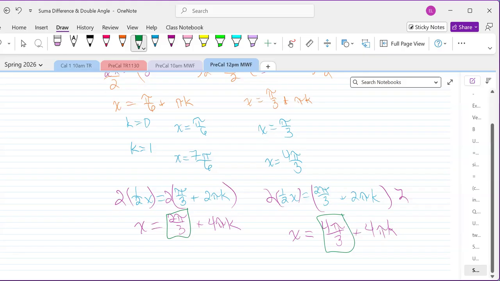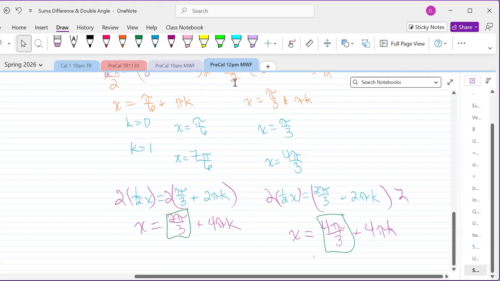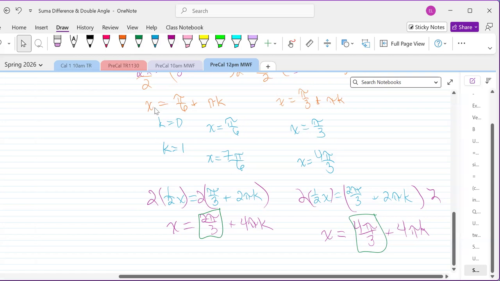You can actually lose solutions when you have to multiply by a number bigger than 1 because the x was a number smaller than 1. So that's the end result of solving some of those equations, all the different ways it can go.